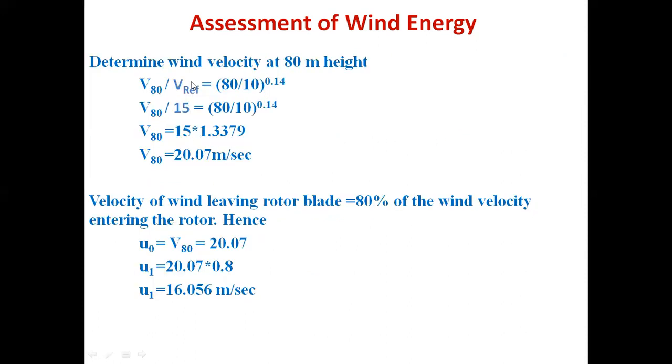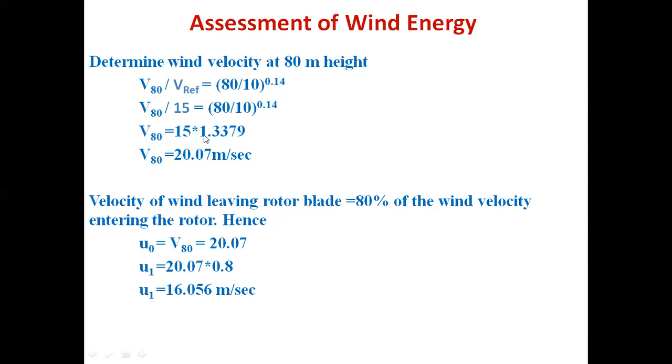So V80 upon 15, since at reference height the wind velocity is 15 meter per second, equals 80 by 10 raised to 0.14. When we solve it, 80 by 10 becomes 8 raised to 0.14. So it comes out as 1.3379, and V80 equals 15 multiplied by this value.